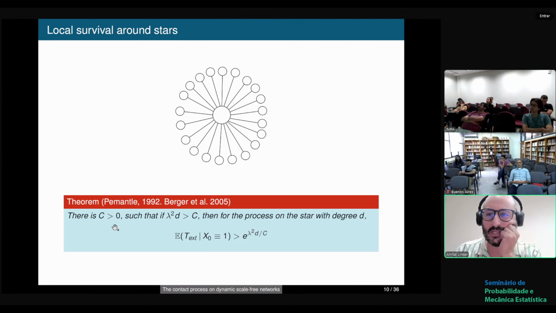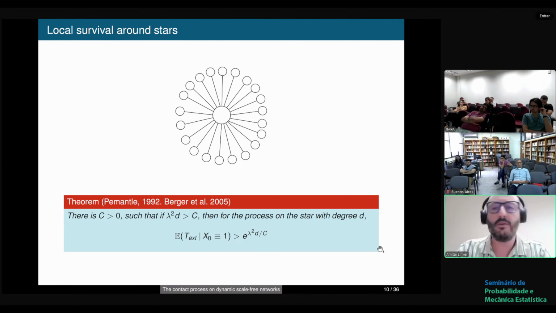What it says is that if the infection rate squared times the degree of the central vertex is larger than some universal constant, then the process survives exponentially long, with time exponential in lambda squared times d.